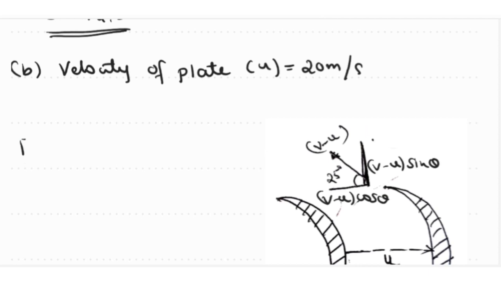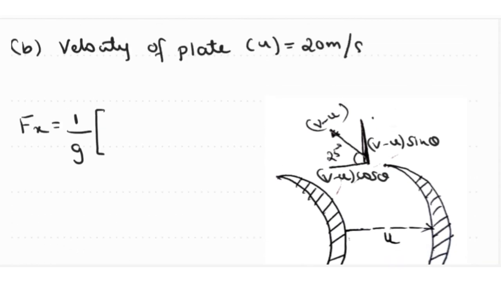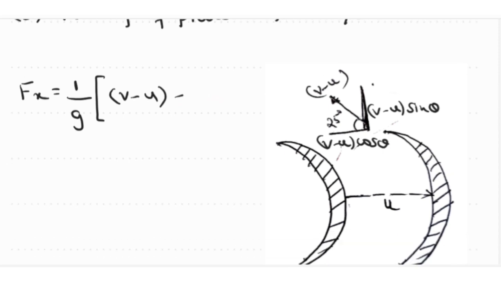So Fx is equal to 1 by g into initial velocity. So initial velocity in x direction is v minus u, and what is the final velocity after hitting the plate?